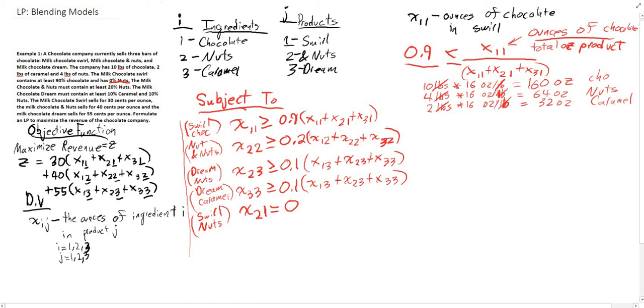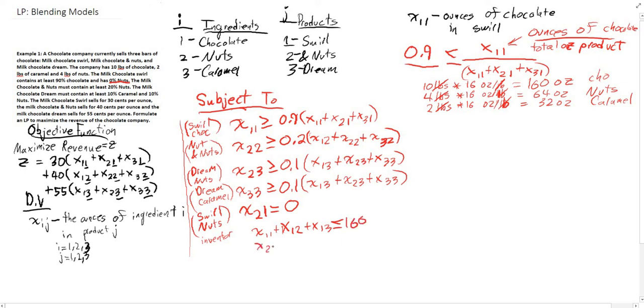And now we need to come down and do this little inventory. So our inventories are going to be: the total amount of chocolate in each product has to be less than or equal to 160.